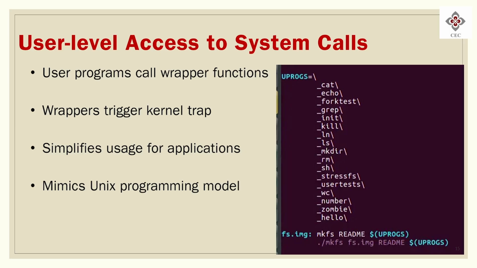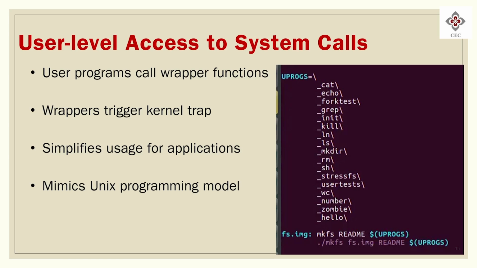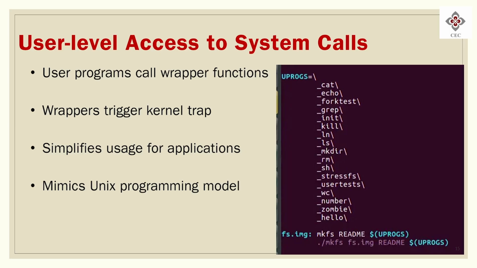Here we have the various things added, and it mimics the basic Unix programming model and simplifies the usage of applications. The user-level access to system calls is very minimal; they can only call wrapper functions, which trigger the kernel trap. The kernel will then take over the job of providing the service, so it simplifies the usage of applications for executing the system call.